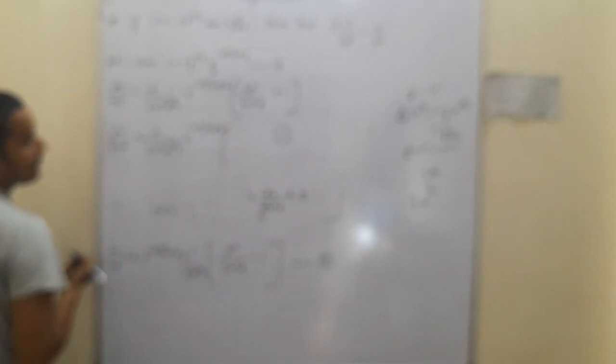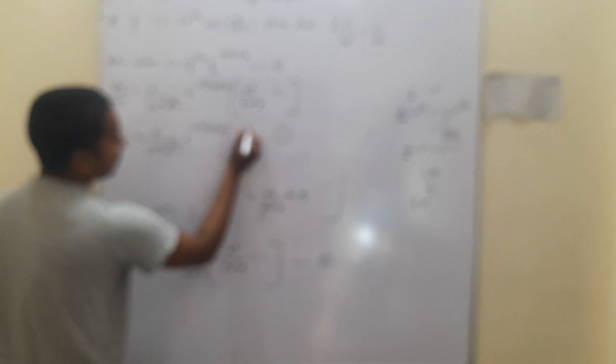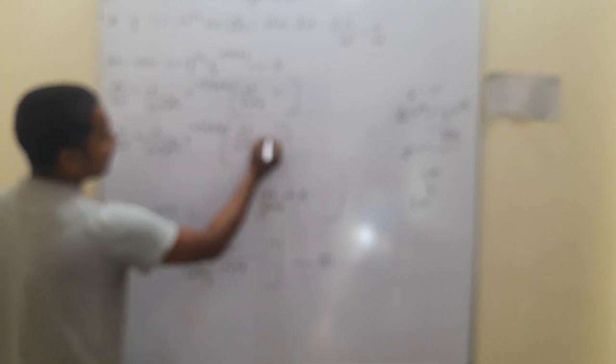So we write once again, this is plus x square upon 2a square into t minus 1.